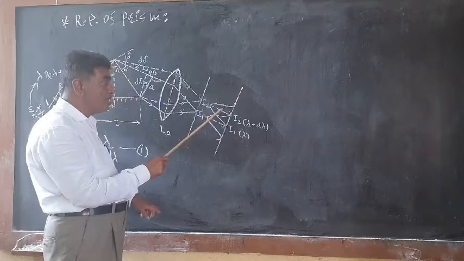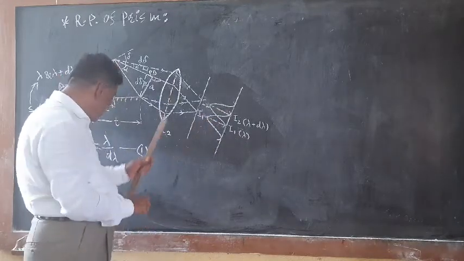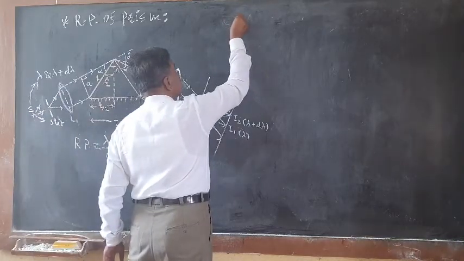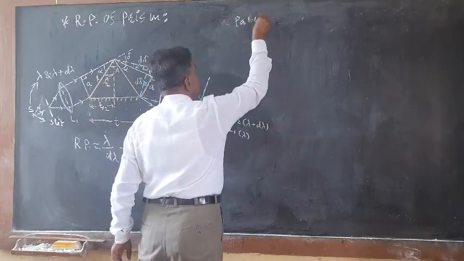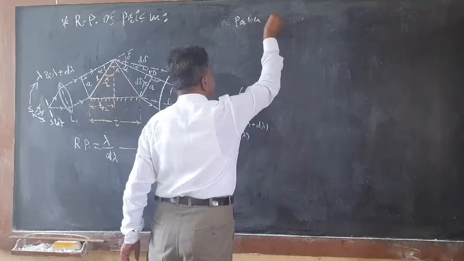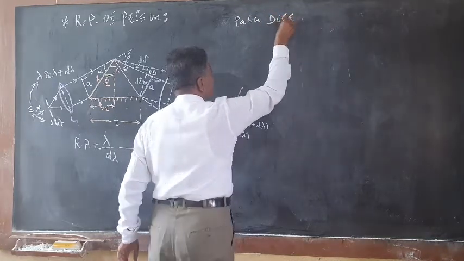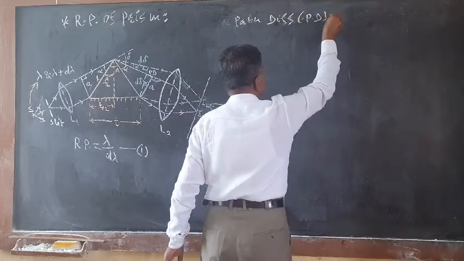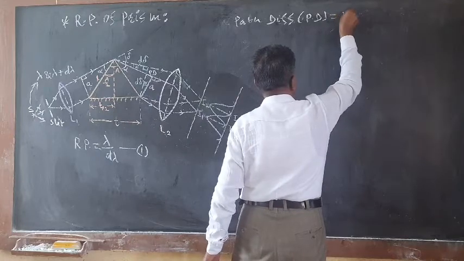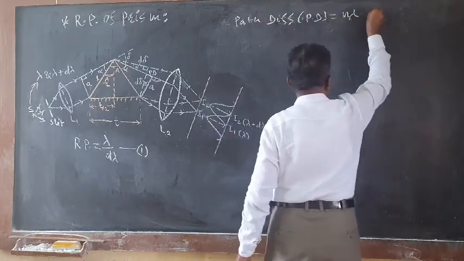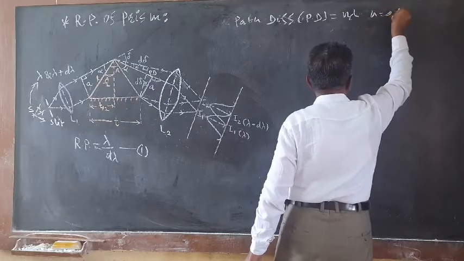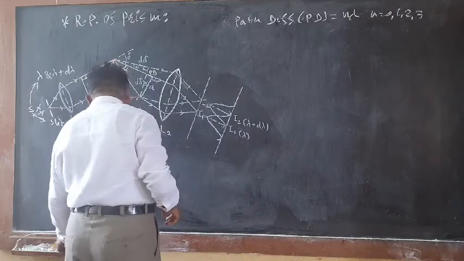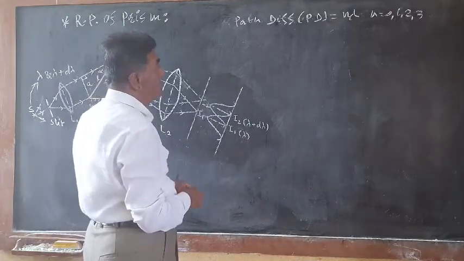This will occur only when the path difference between the two rays, or PD, is equal to an integral multiple of the wavelength, n lambda, where n is equal to 0, 1, 2, 3, etc., which gives the order of diffraction.